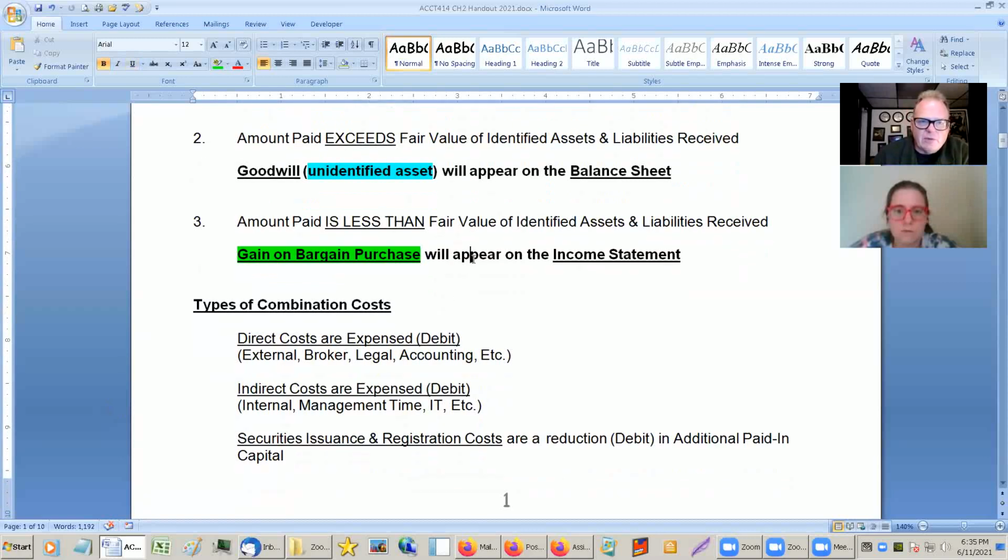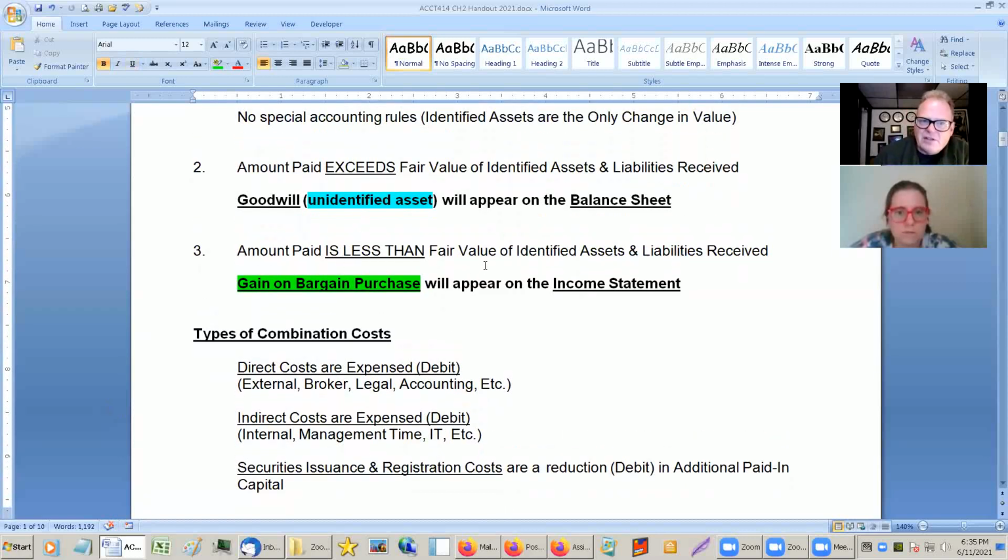So the purchase will show. And this is very strange, and here's why. It's this gain on purchase. Generally speaking, you never are able to record a gain or a profit on a purchase. Interesting. In the past, before this rule, basically you don't recognize the gain until you sold it or got rid of it or whatever.